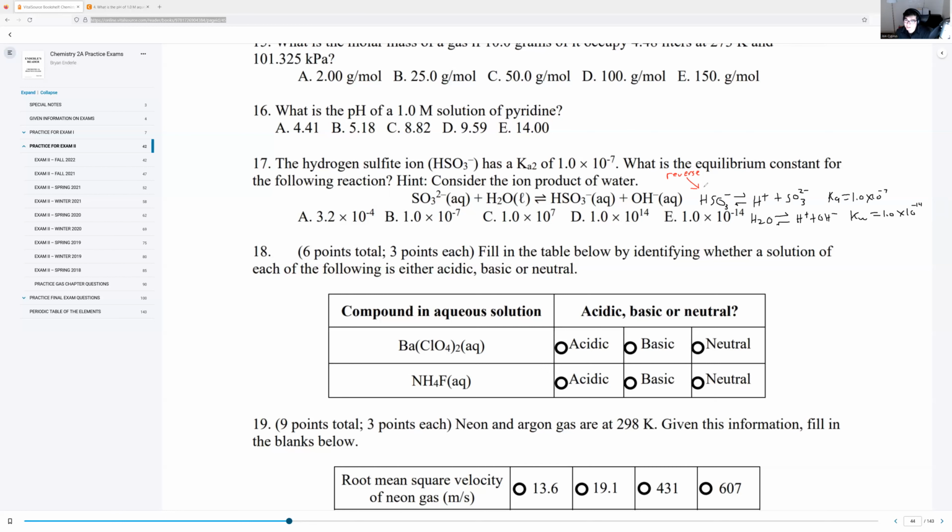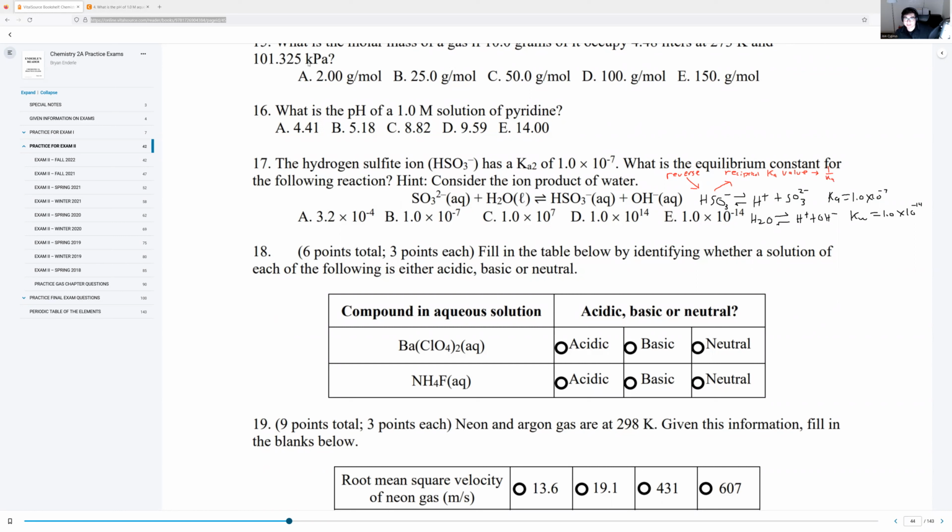Which means the Ka is flipped, or we invert the Ka. Or take the reciprocal. I think that's a more accurate way to look at it. So that's 1 over Ka, right?